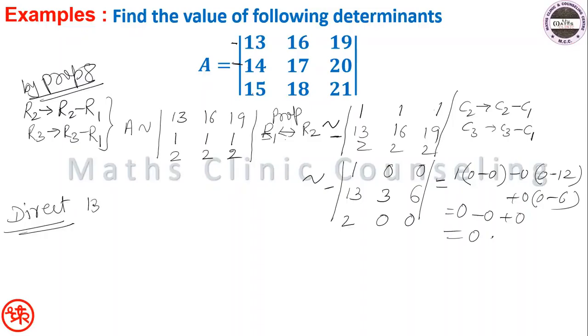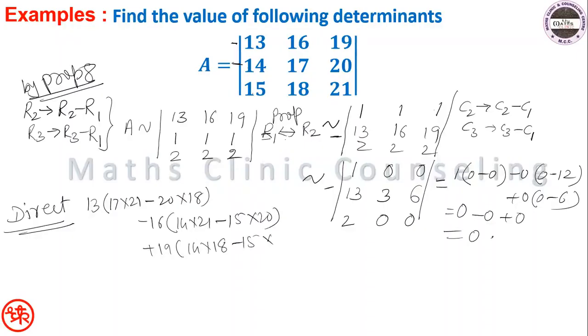So how much will it be? 13 into 17 into 21 minus 20 into 18 minus 16 into 14 into 21 minus 15 into 20, then plus 19 into 14 into 18 minus 15 into 17. Let us check, right. So it is equal to, what will you get? 13 into this bracket value, this will become -3.